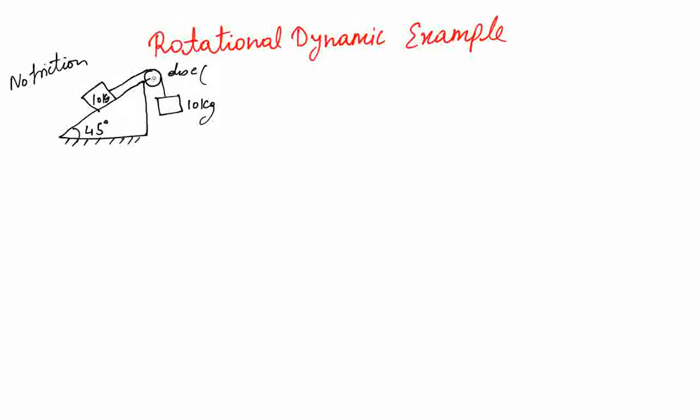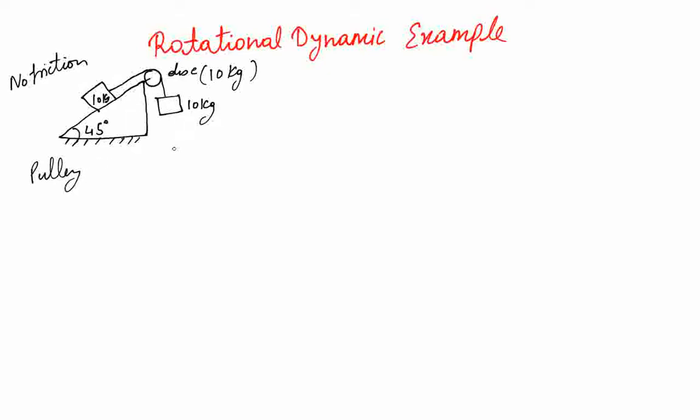We have already solved this problem, but in that case we assumed that there was no mass to the disc, and the mass of the disc is, let's say again, 10 kilograms. This will simplify things. And what is happening, this rope is not slipping on the pulley.